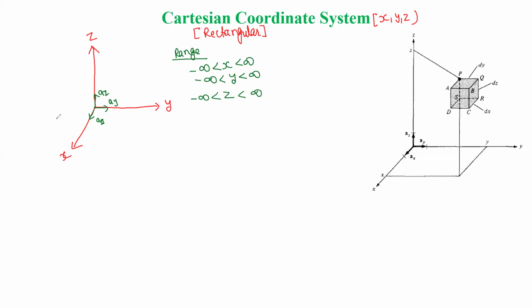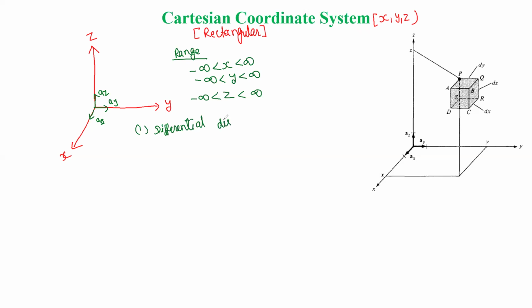Now we are going to see the differential displacement here. When we have this rectangular coordinate system, differential means the smallest element you can consider. That differential element we are going to consider.